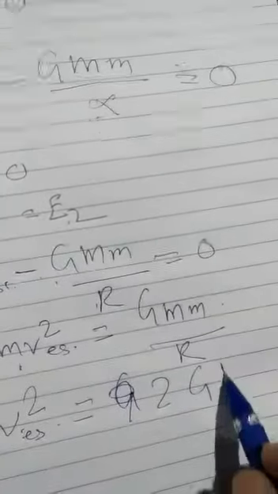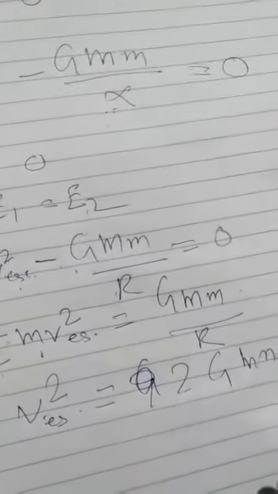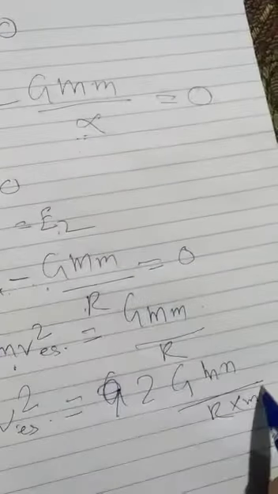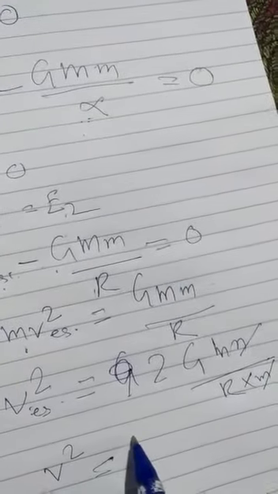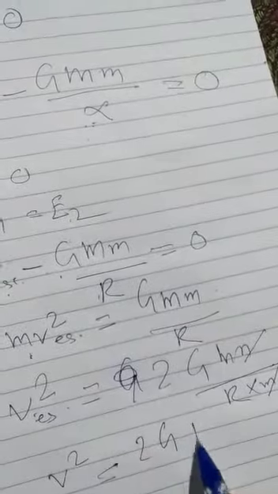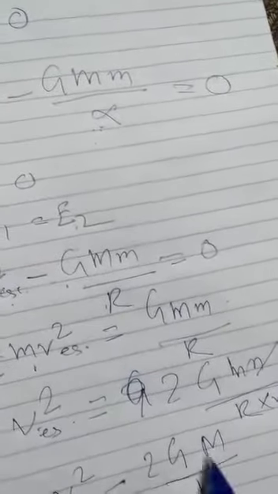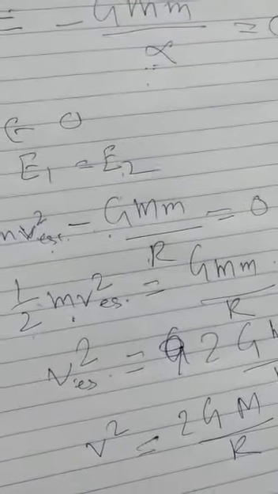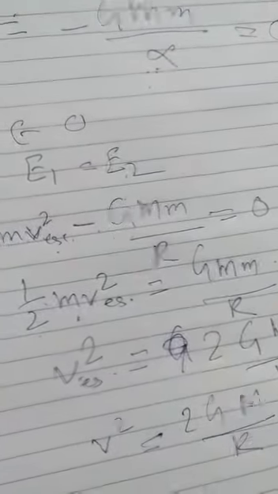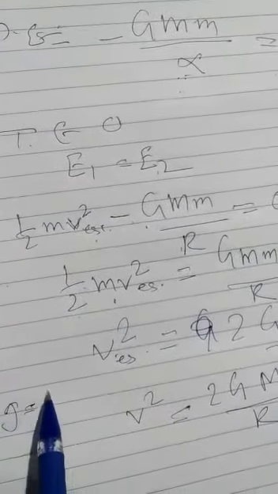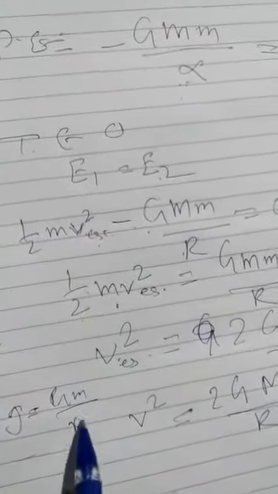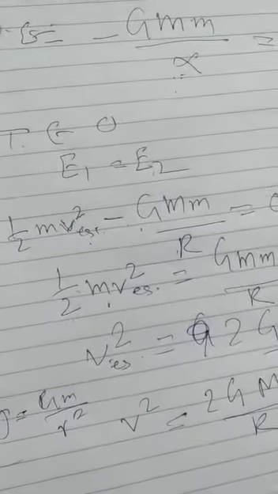2GMm upon r into m. This m and m get cancelled. Now v square is equal to 2GM upon r. But now, students, we know that small g, the acceleration due to gravity, equals GM upon r square.